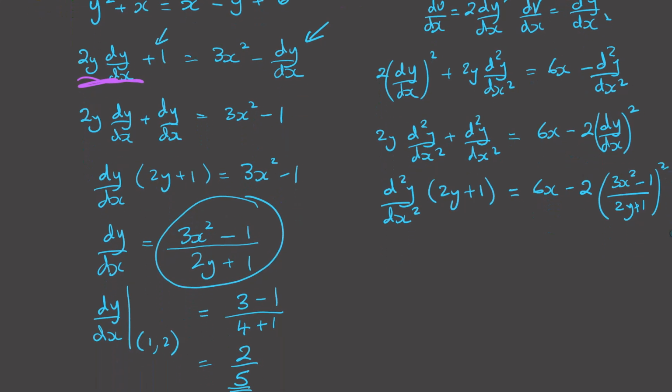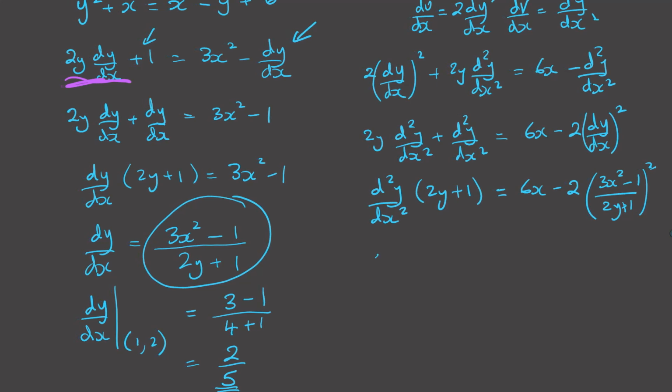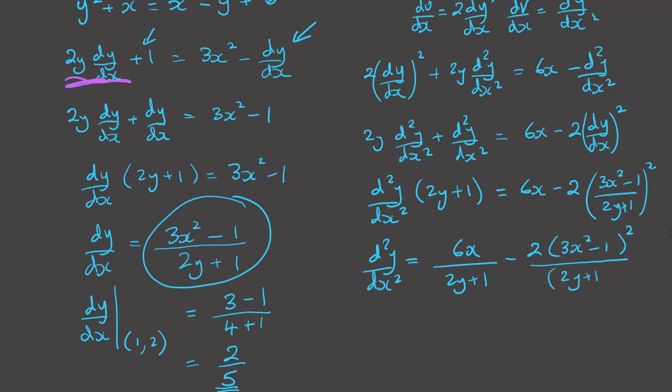Okay, so d²y/dx² would be equal to 6x over (2y plus 1), take away twice (3x squared take 1) squared over (2y plus 1) cubed. Two of them coming from this bracket and the other one coming when we divided by that.